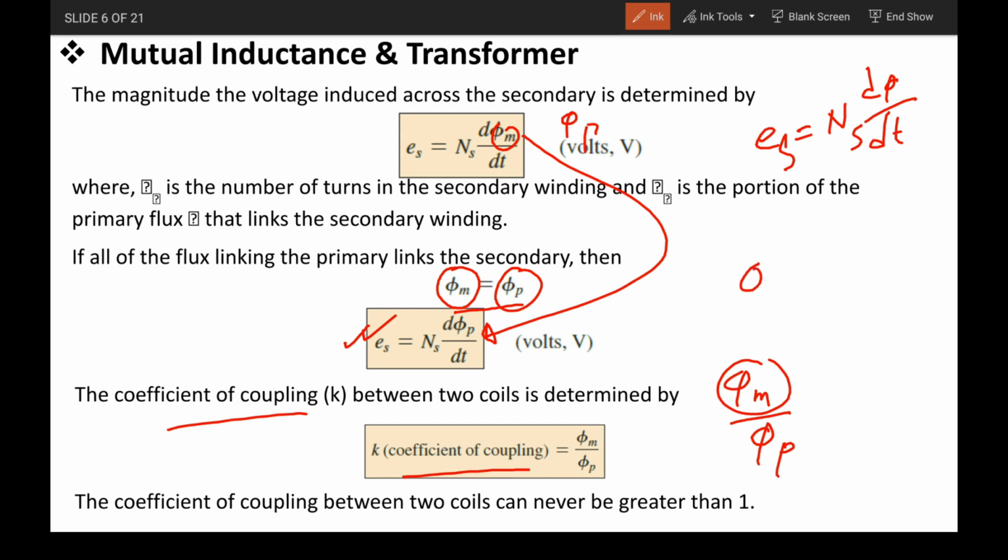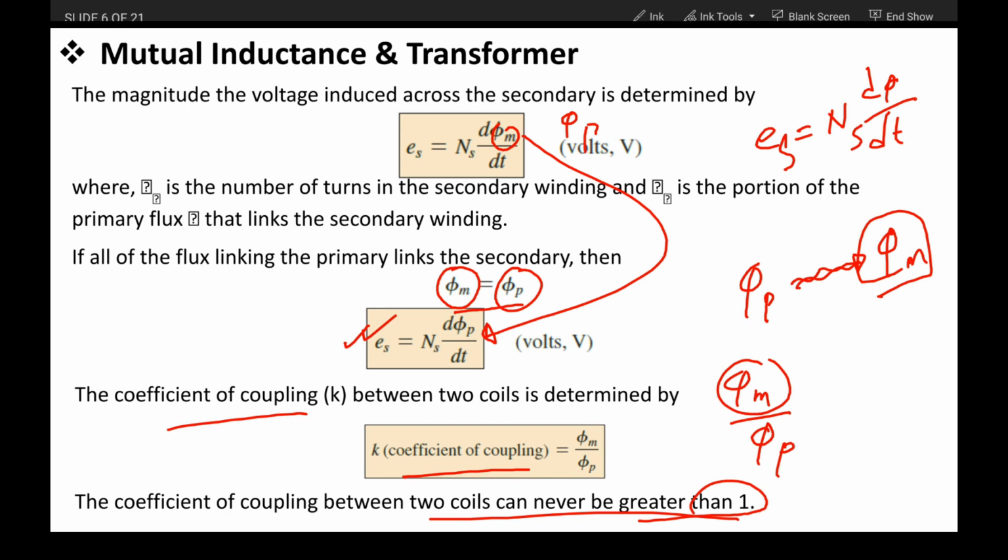Phi p is shared, and the amount found in the secondary we call phi m. This ratio phi m to phi p we call the coefficient of coupling, or small k. We can understand that the maximum could be 1, so it can't be greater than 1. This is written here. So, the coefficient of coupling, I just derived it.